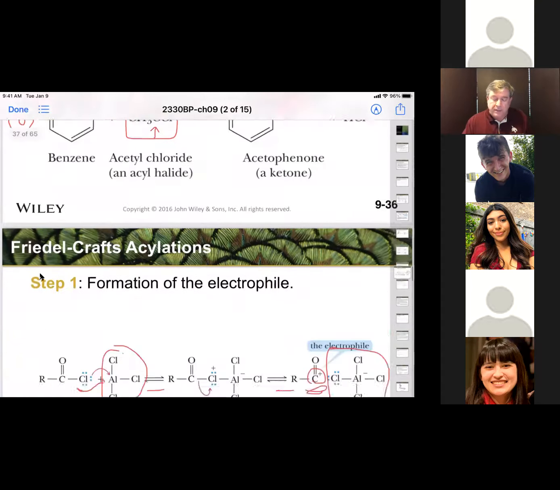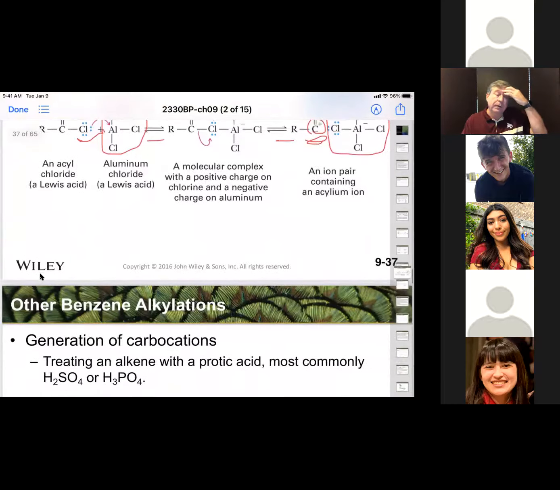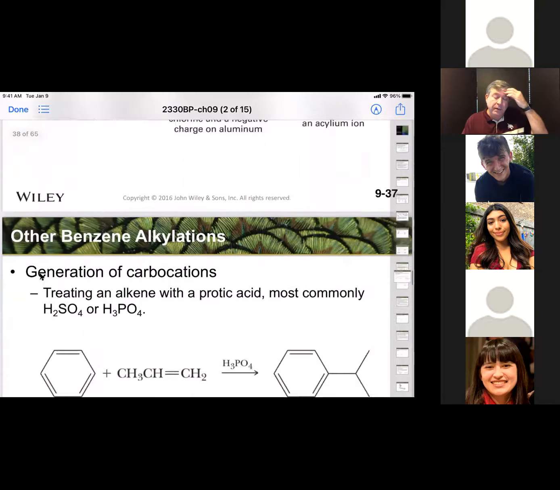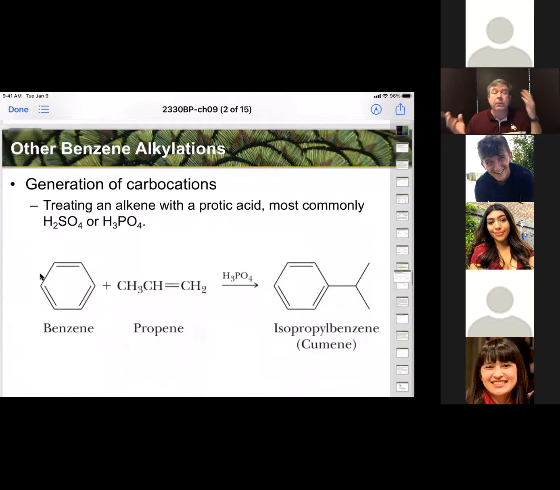Now, is there a way to form our alkylations without having to use the aluminum chloride? Well, yes, you can. Any way that you can form a carbocation, you can use it to make an alkylation without having to use that aluminum chloride. So in the case of an alkene, right here, if we put a hydrogen on one side of this double bond, it would generate a carbocation on the other side.